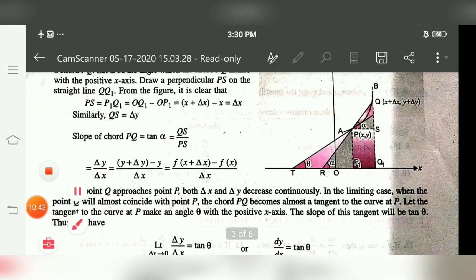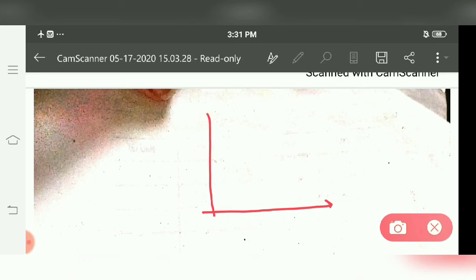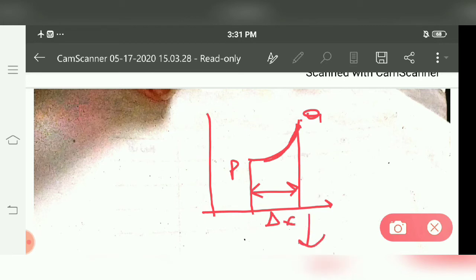Now what are we going to do? If we start compressing this slope, moving point Q toward P, what do we observe? If we move it toward P, the distance between them, delta x, will start decreasing. And this distance, delta y, if point Q is here, then this is delta x and this is delta y.